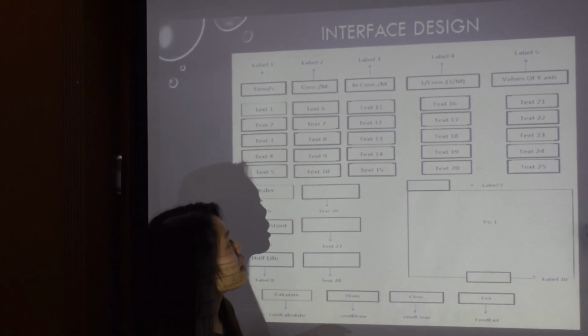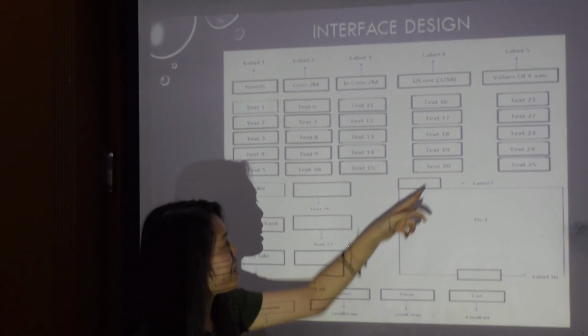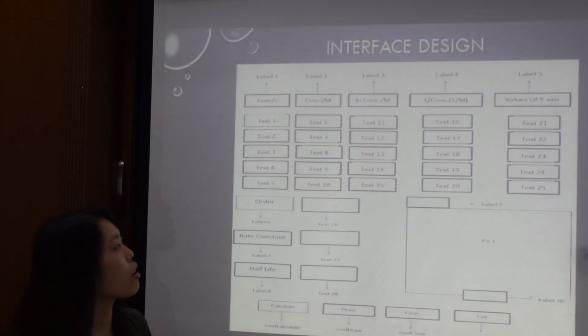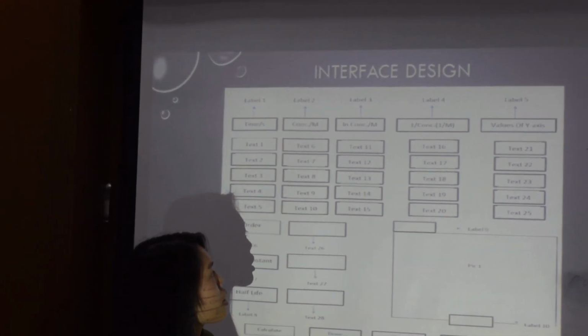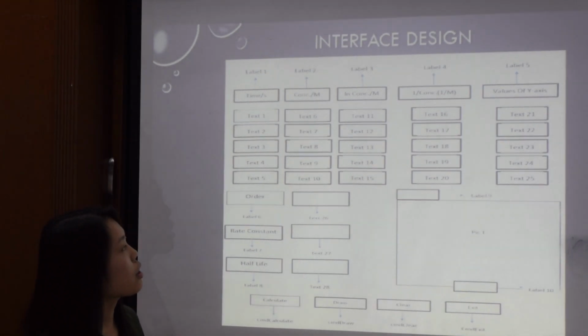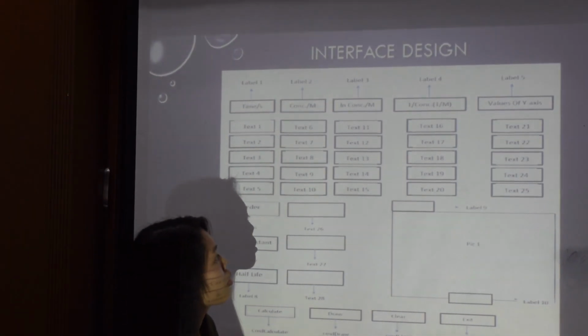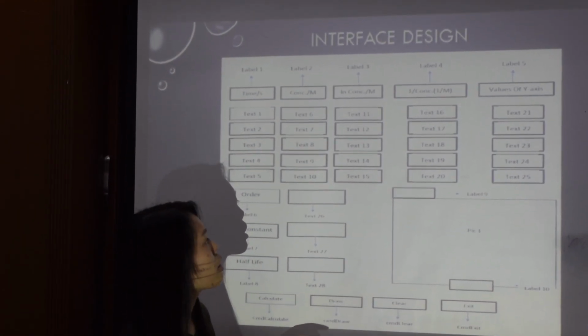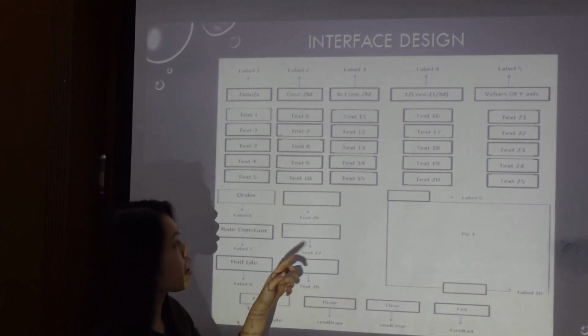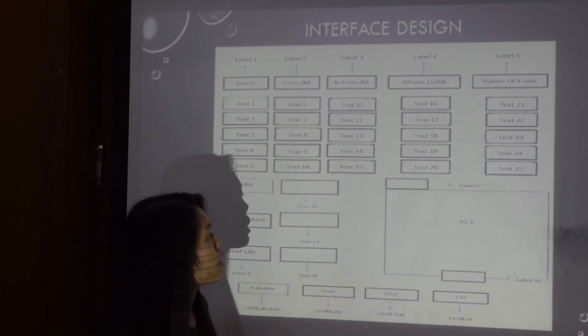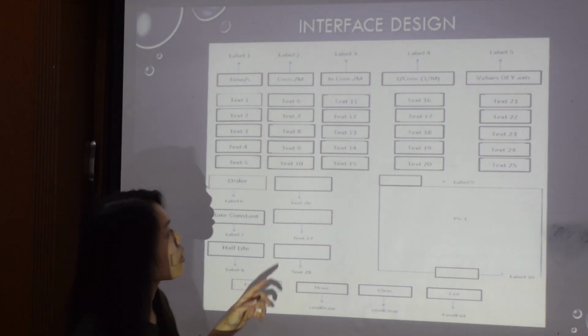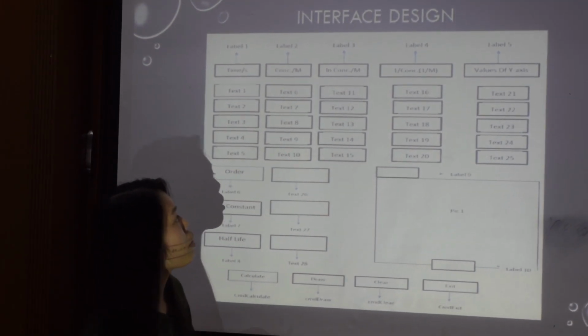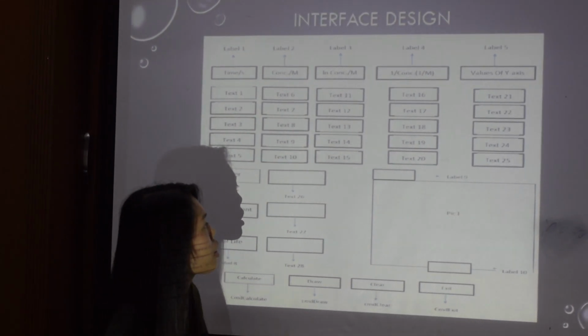Text box 16 until text box 20 are the array text box of 1 over concentration. Text box 16 is D0, and text box 17 is D1 until text box 20, which is D4. These text boxes are used to show the value of 1 over concentration.